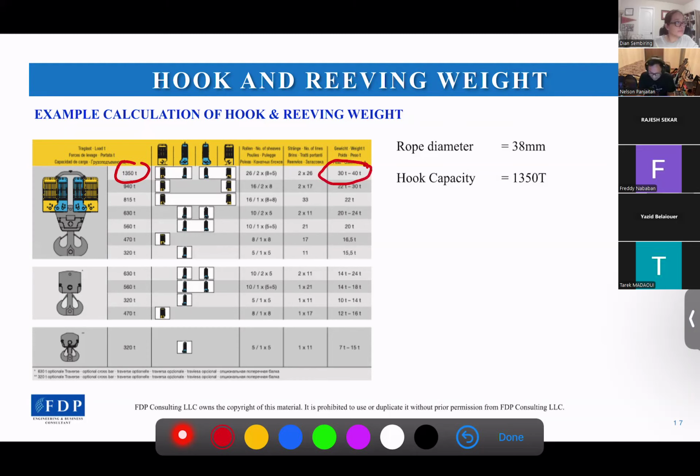It's actually a range between 30 and 40, but we take the maximum one because sometimes some parts can be either installed or not. So let's say all the parts of the hook are already installed on the hook, so it will be the maximum weight, 40 tons.